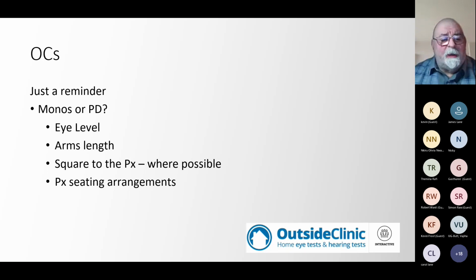Now, what we need to try and do is avoid parallax. And so we make sure that we're at eye level with the patient, square to the patient wherever possible. Now, I appreciate that some of our patients might be in a bed, might be in a wheelchair where it's a little bit more difficult to get square to them. But whilever you can, get square to the patient, and always try and take the monos at arm's length.